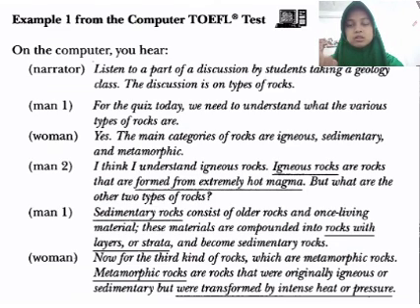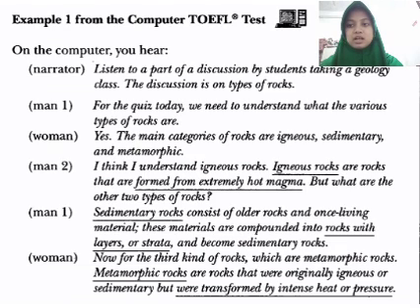Then man number two says, I think I understand igneous rocks. Igneous rocks are rocks that are formed from extremely hot magma. But what are the other two types of rocks? Then man number one replies, sedimentary rocks consist of older rocks and once living material.